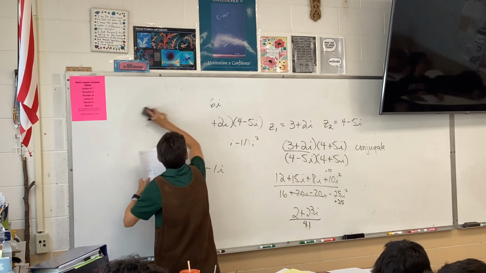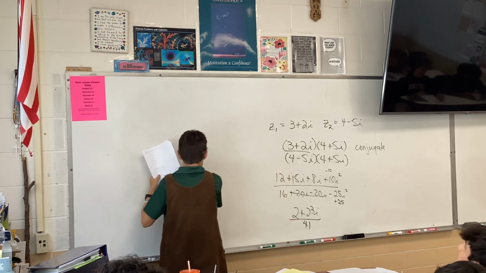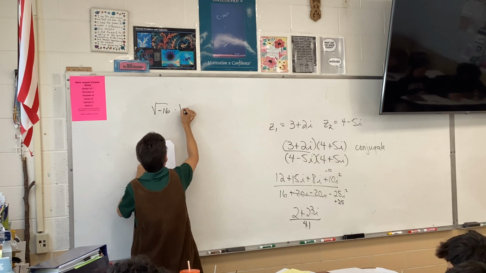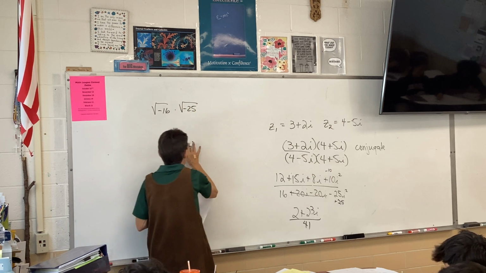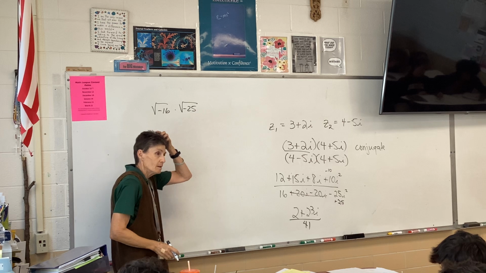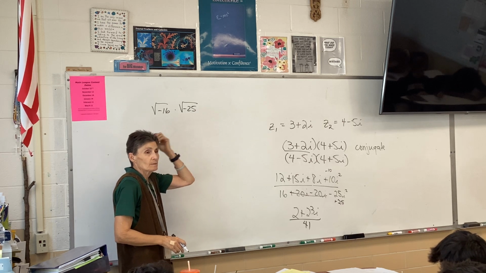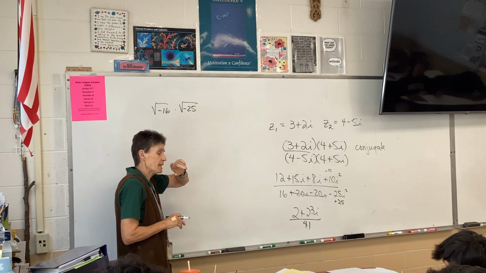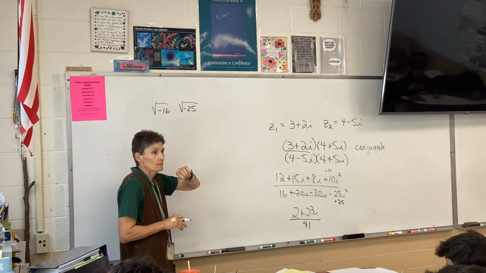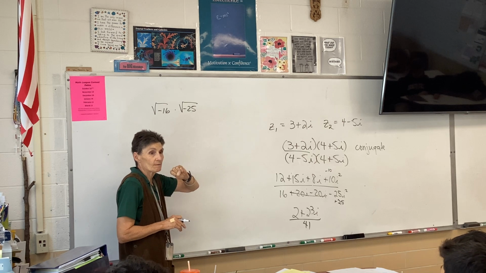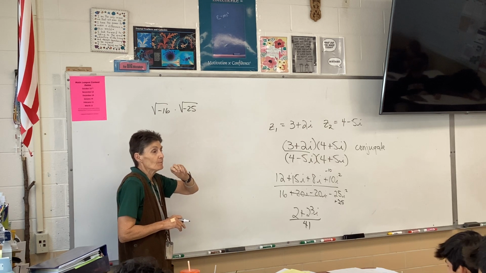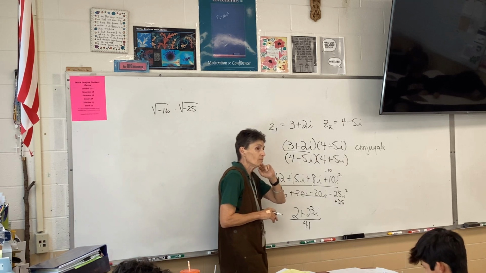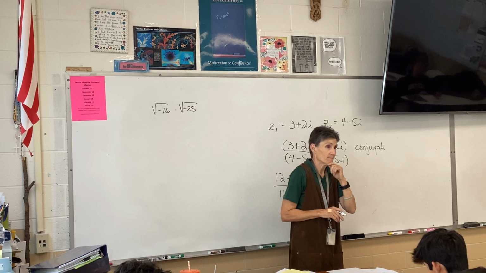Okay. How about this next set of problems? Now, the rule is, when you have a negative under a radical, you pull out the i, right? You all know that. The rule is that has to be done first. If you have a negative under a radical, that must be step 1.